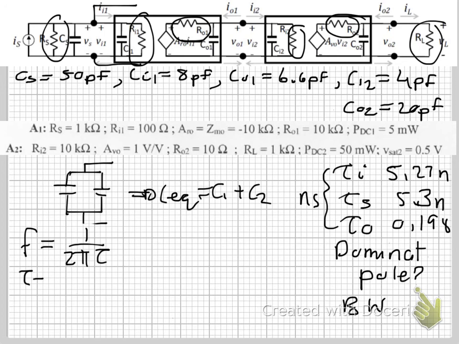So for your input time constant, you've got a cutoff at 30 megahertz. For your self-loading, you've got a cutoff at 3 megahertz. And for your output, you've got a cutoff at 803 megahertz.